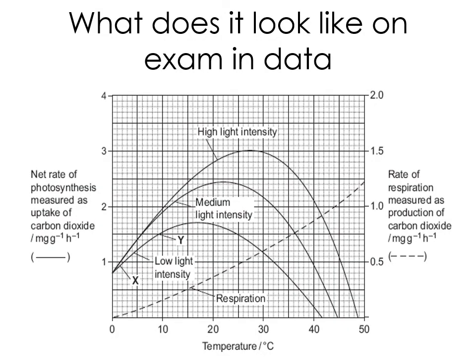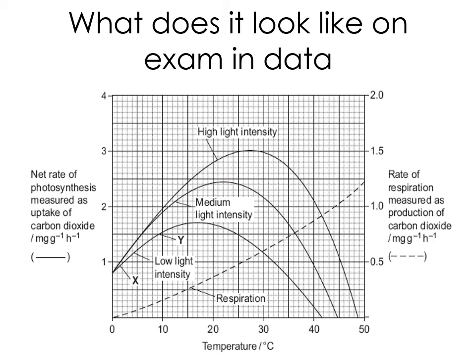But what it's looked like in the exam so far has been quite complicated data sets where you are expected to use your quite simple formula, GPP minus R equals NPP. They've given you your net rate of photosynthesis, if you like, as your NPP on the left hand side of the graph, and then you've been given your respiration on the right hand side of the graph.